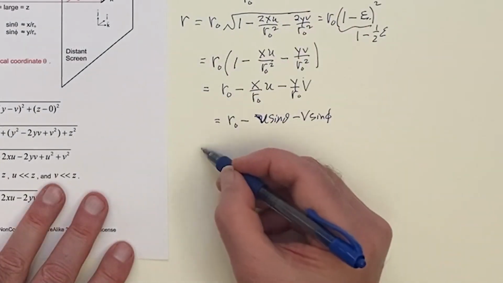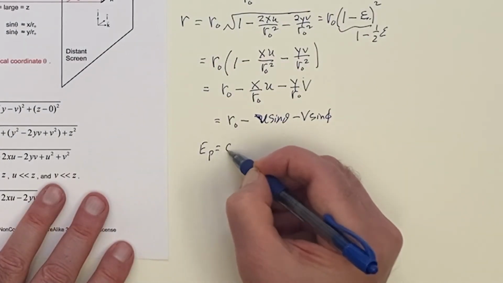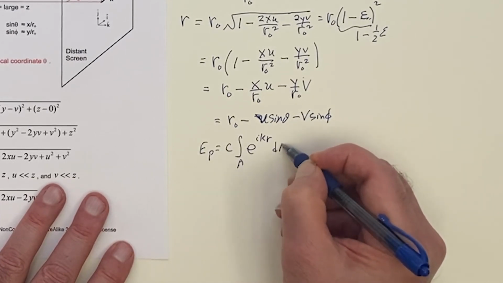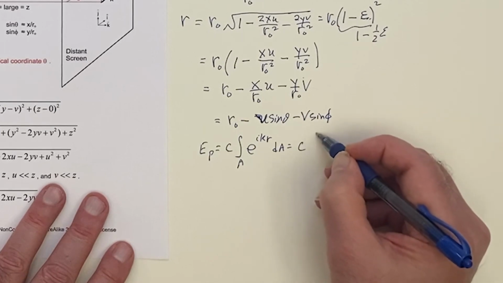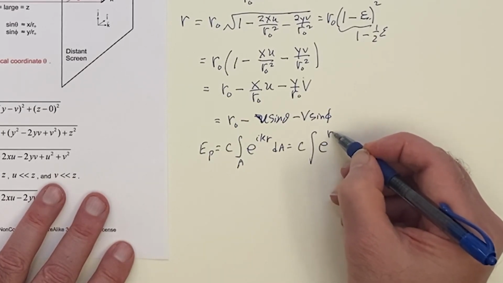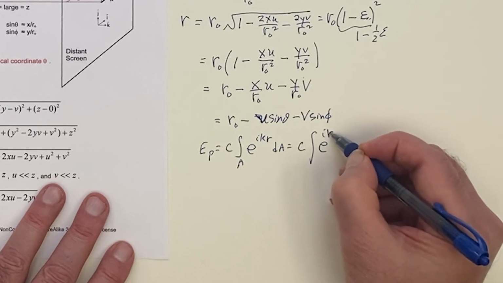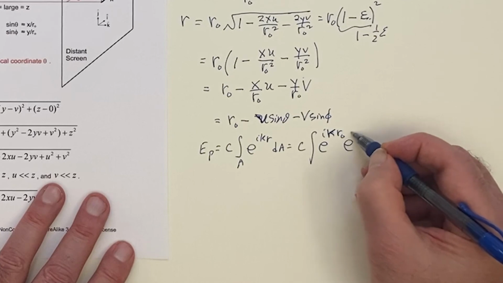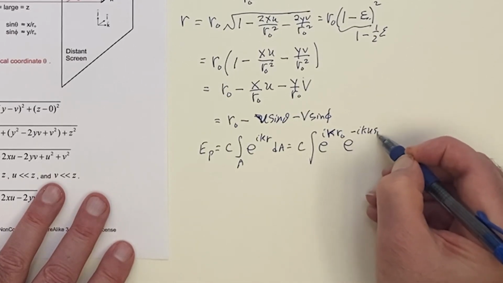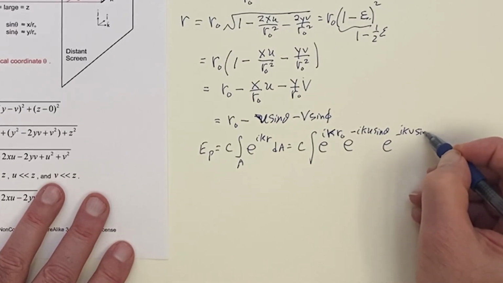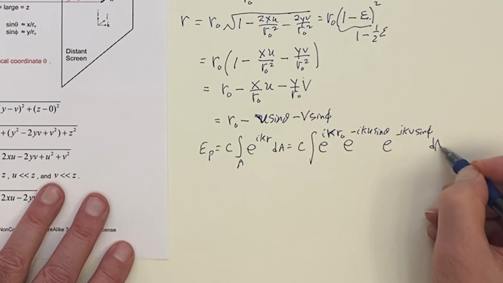If we now use our formula, E P is C, now I'll show you how we've seen that before. If we do this, we're going to get e to the i k r naught, and this is going to be e to the minus i k u sine theta, and e to the minus i k v sine of phi over the area.